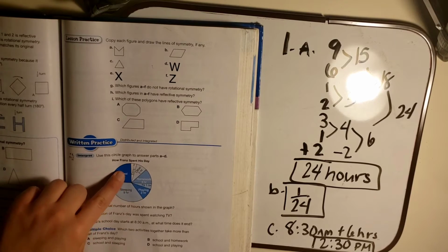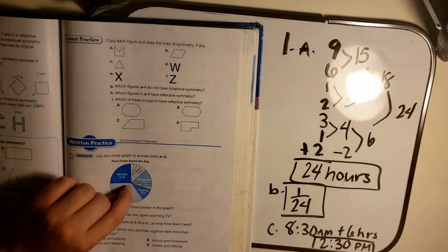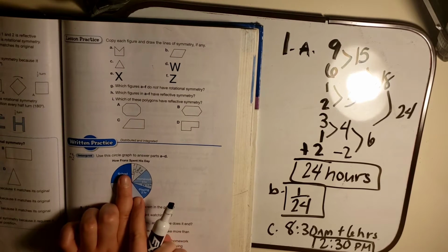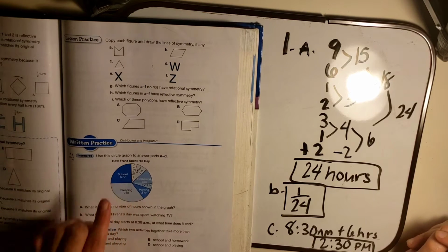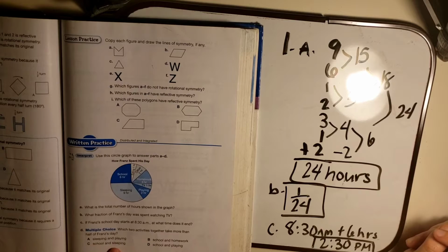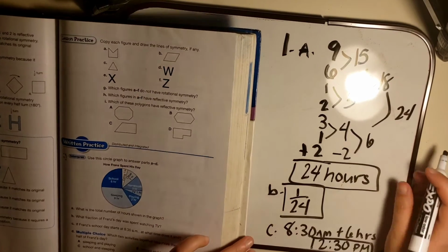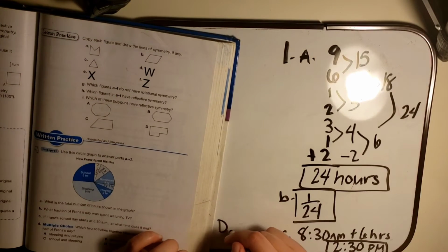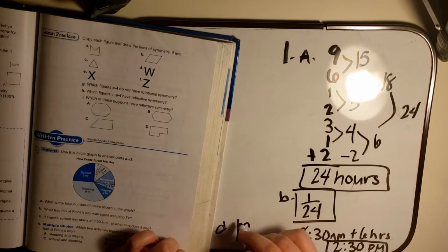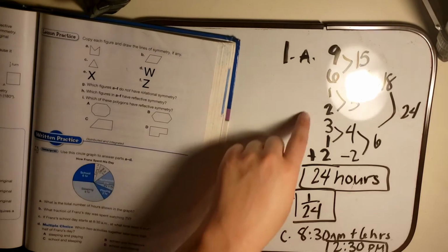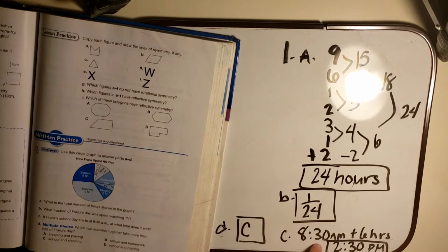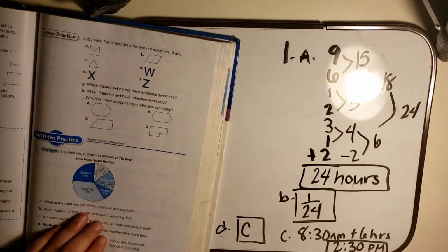So if we do school and sleeping, there's just a little bit left over for the rest of it. So we have school and sleeping, letter C. So D is letter C. And that is all of number 1. So we got all of our answers right here.